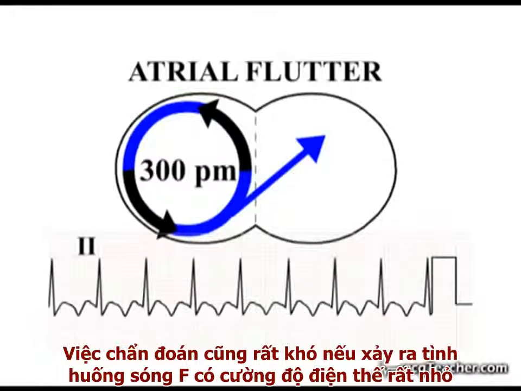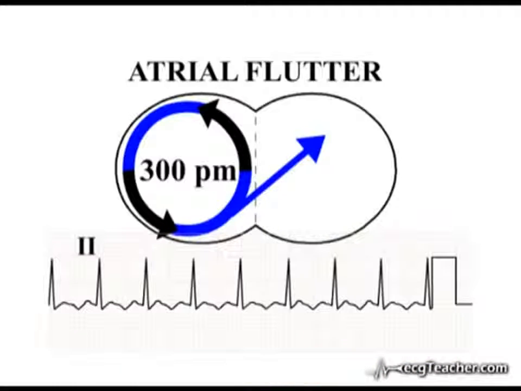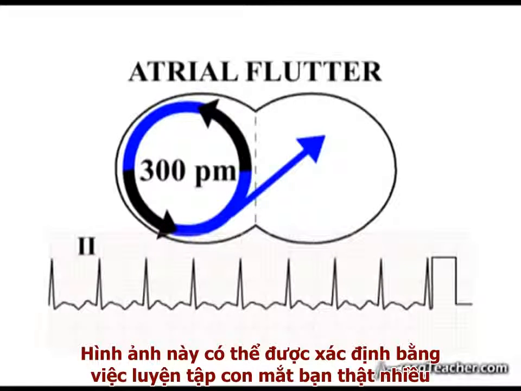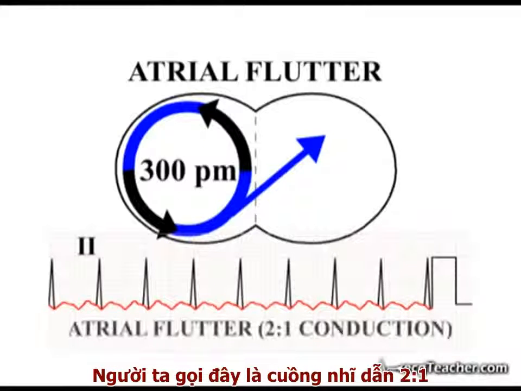The diagnosis may be particularly difficult when, as is often the case, the flutter waves are of low amplitude. Yet even here the pattern can be identified by the practiced eye. This is atrial flutter with 2:1 conduction.